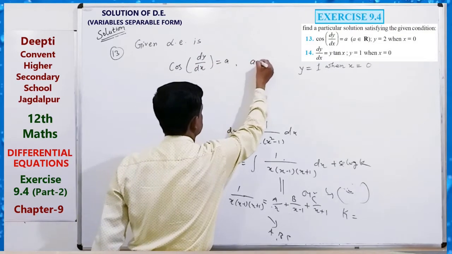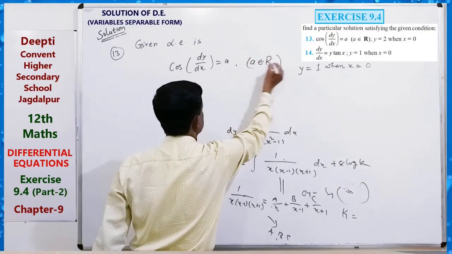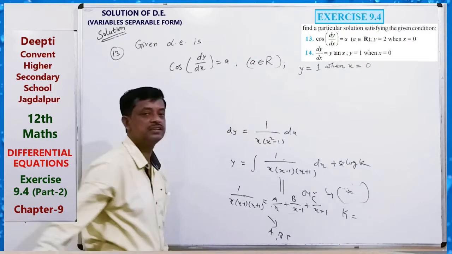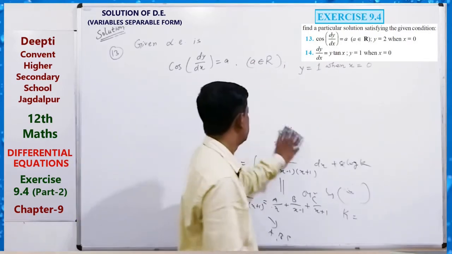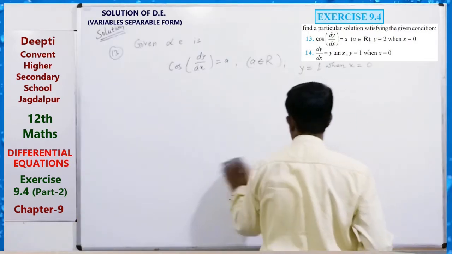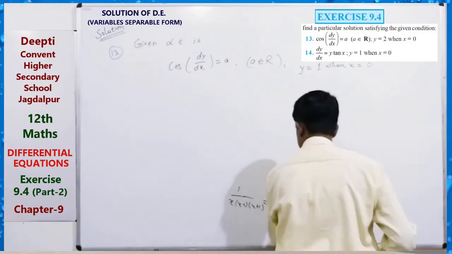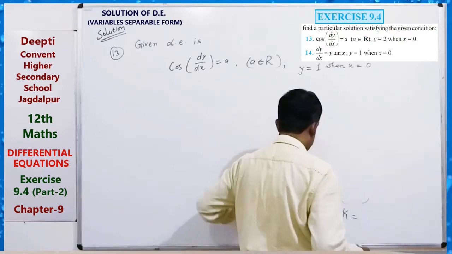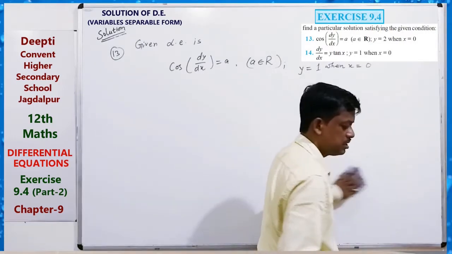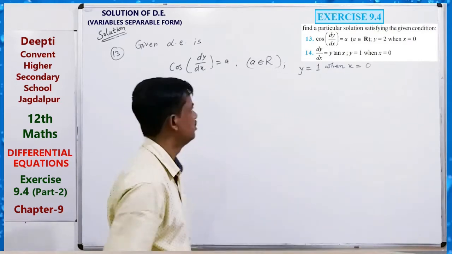Here a belongs to R means a is any real number, so a is just like a constant. It is not a variable. So its solution is very simple.